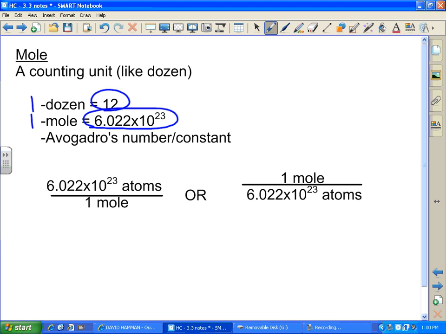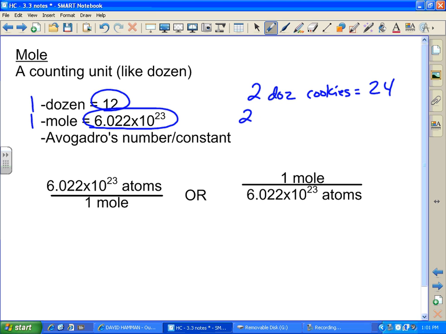Now actually that number is larger, and it can carry out to a lot more digits, but that is the number that is usually accepted, and that's what we'll use. That is referred to as Avogadro's number or Avogadro's constant. So, just like we were talking about, if we had 2 dozen cookies, that equals 24.